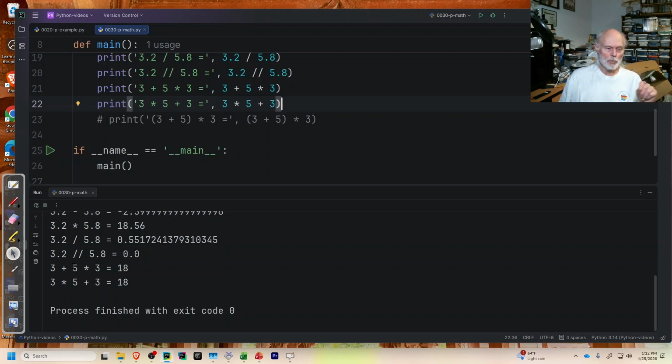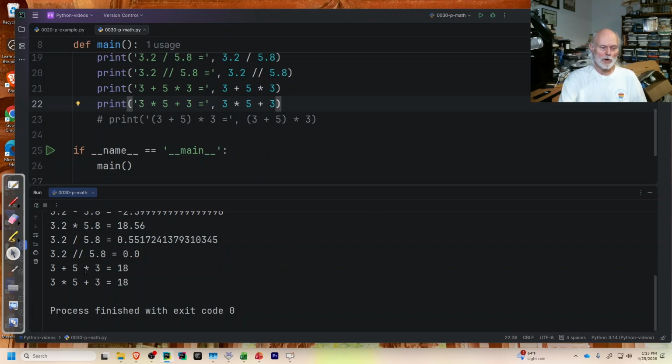And had there been more than one multiplication and division, or addition and subtraction, it would have gone left to right. So here, even though the addition was first, it did the multiplication, gave us 15, plus 3 gave us the 18. And here the multiplication is first, still gives us 15 plus the 3.